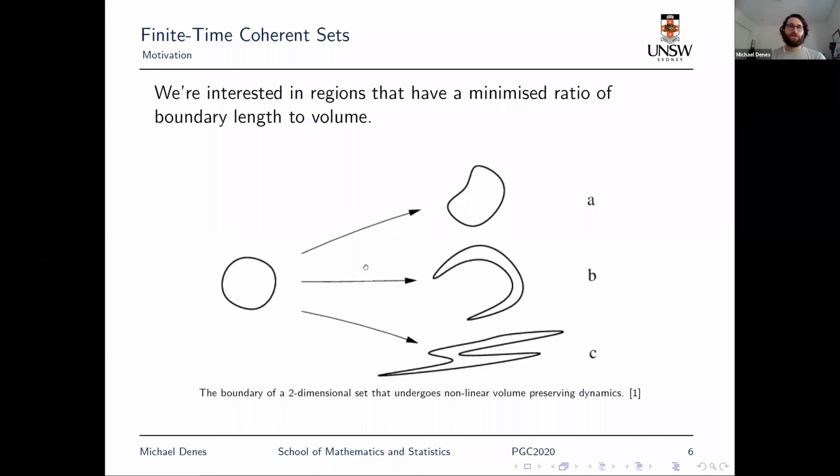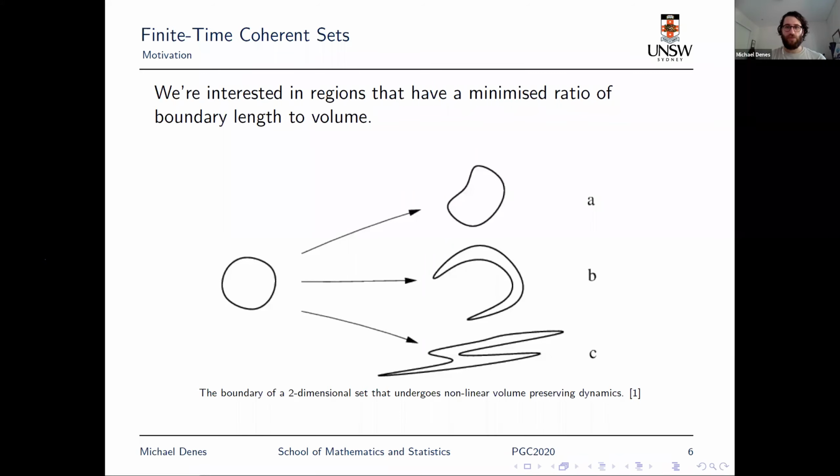Under the dynamics of A, we can see that the boundary length of the set compared to the volume within the set remains roughly the same. But if we look at both B and C, the boundary length increases quite significantly. What I didn't mention here is that the volume or the area of the set remains the same. So the only thing changing from the left-hand side to the right-hand side is the boundary length.